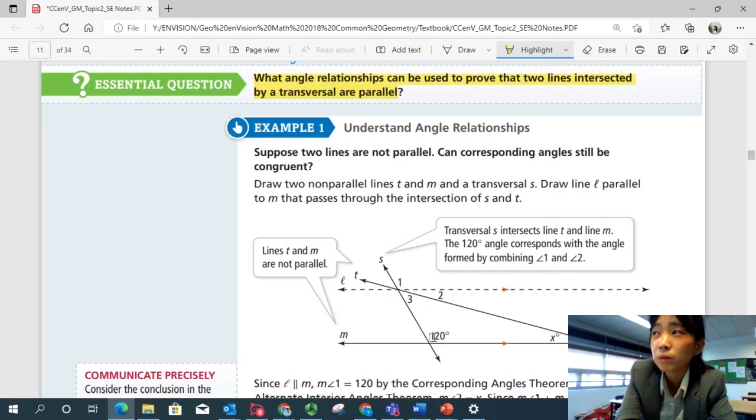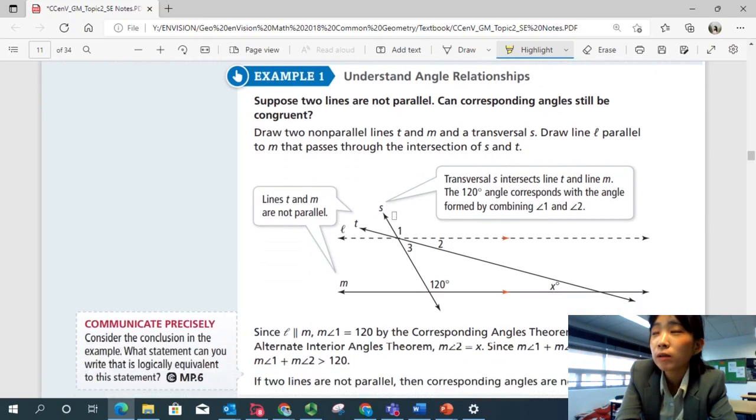The 120 degree angle corresponds with the angle formed by combining angles 1 and 2. Does that make sense? Angle 1 plus angle 2 will be 120. Since lines L and M are parallel, we draw a parallel line here, remember?